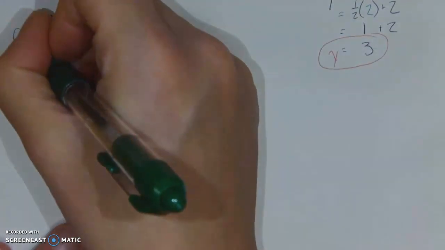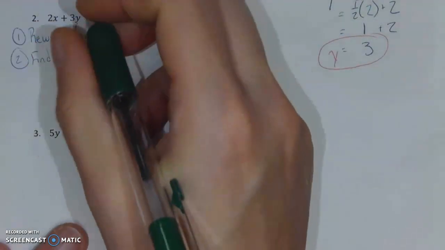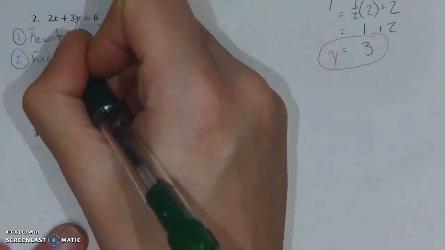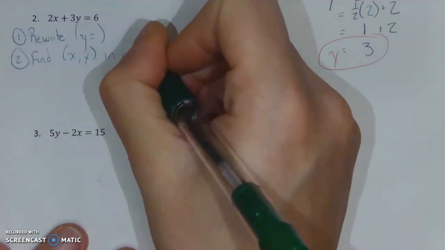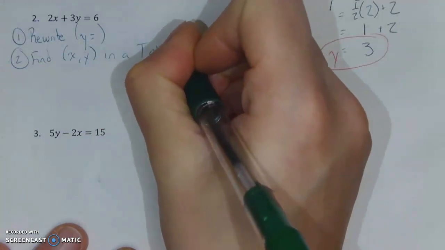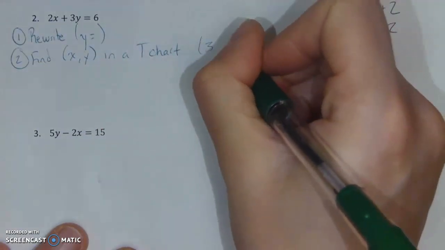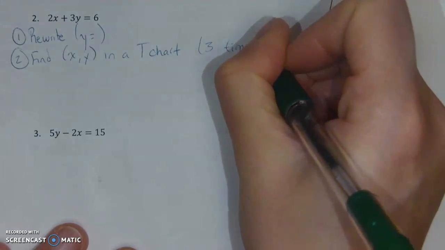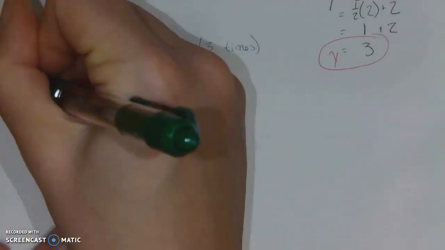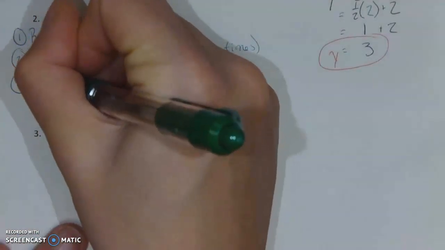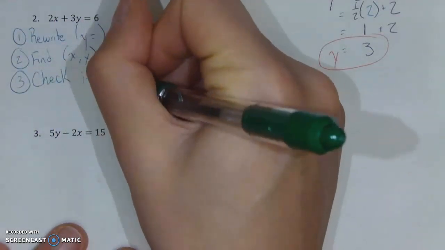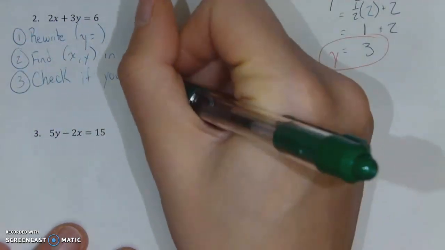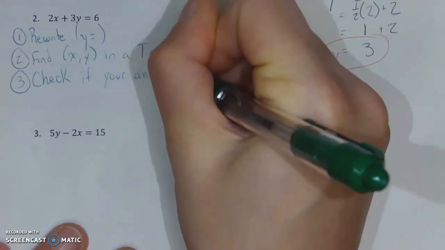I need you to find xy in a t-chart. And I want you to do that 3 times. So you're finding 3 points in that t-chart. And for one of those points, probably that first one, check if your answer to 1 is correct.